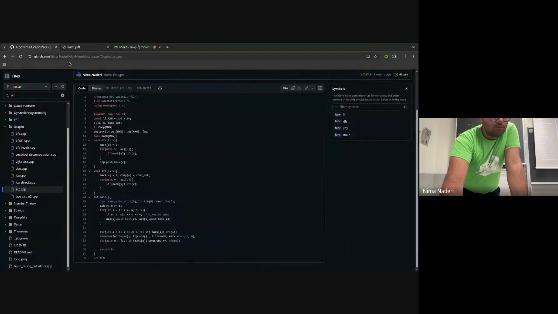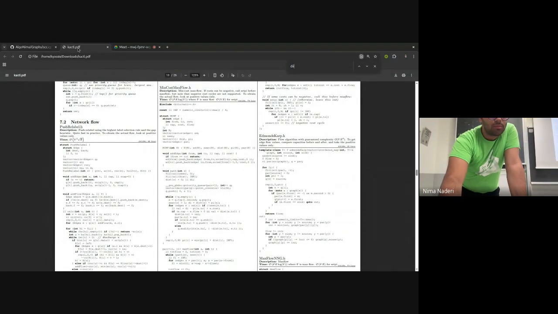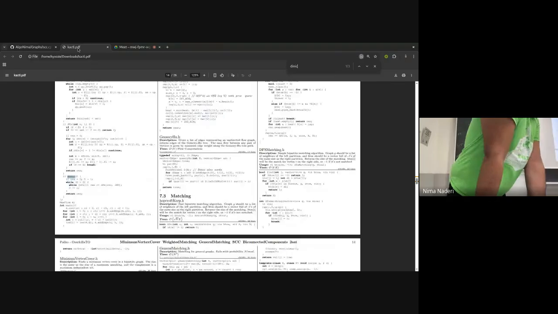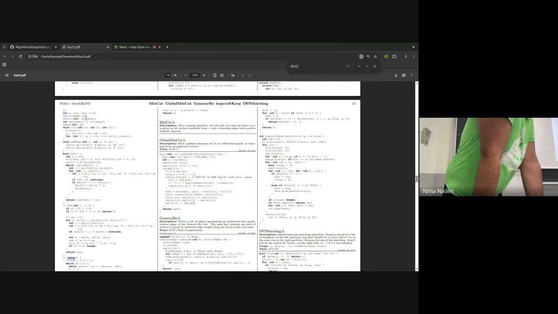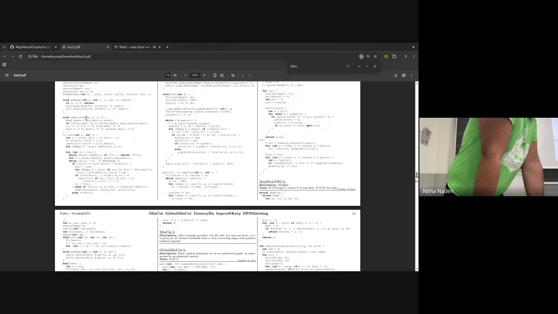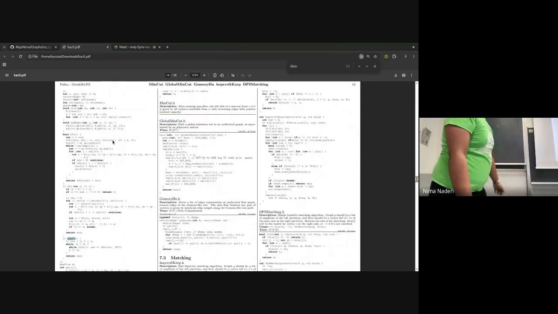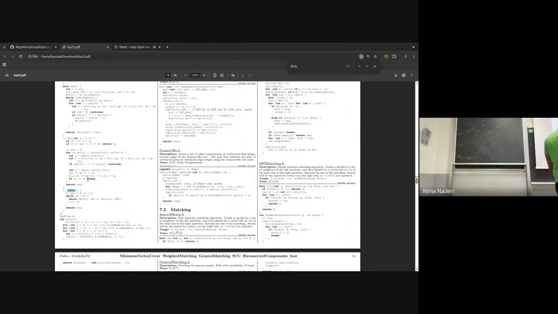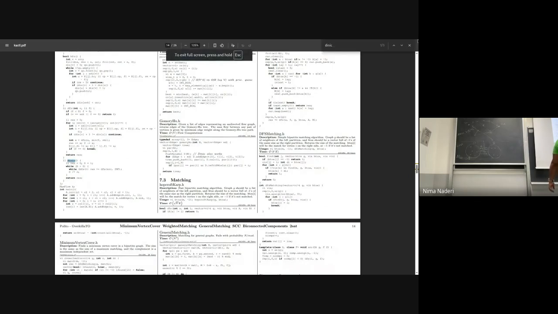No, I don't have the flow implementation. But, dynamic. Max flow energy. Yeah, that's the one I put actually. Energy is one.